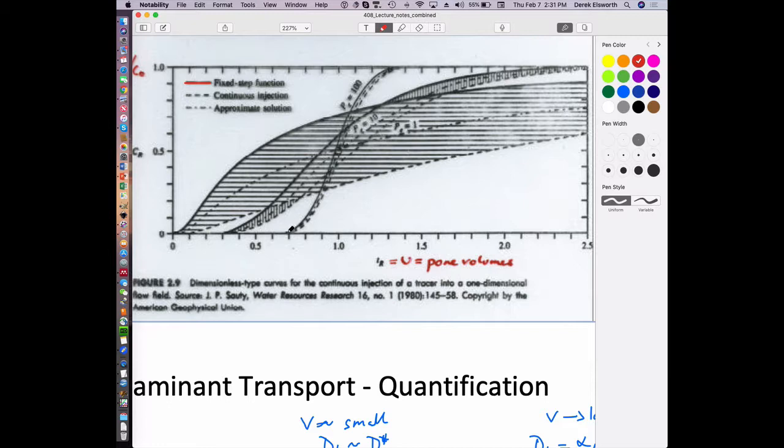And you see that for a big Peclet number, it follows this form. For a Peclet number of 10, it follows this form here. And for Peclet number of 1, it follows this line here.